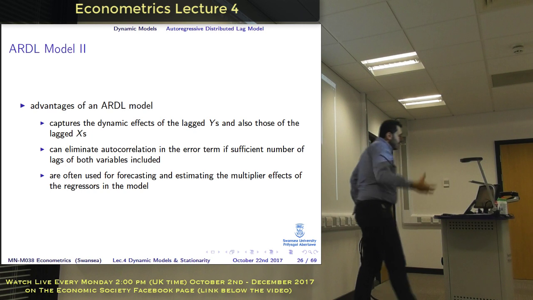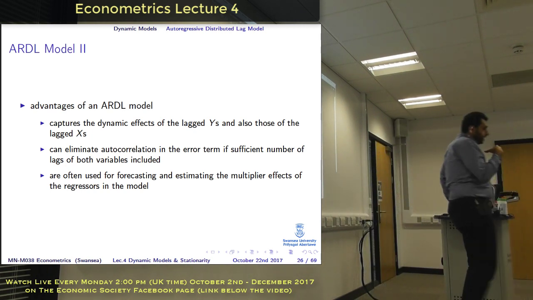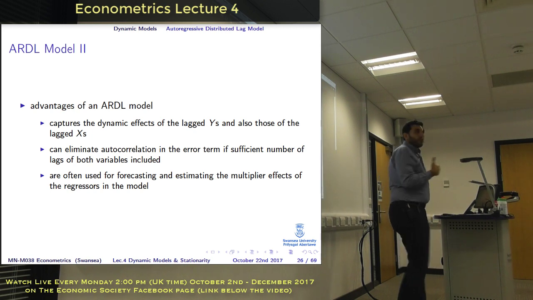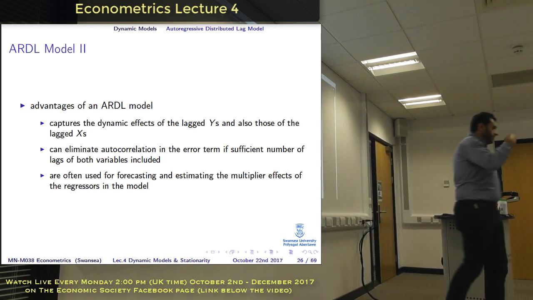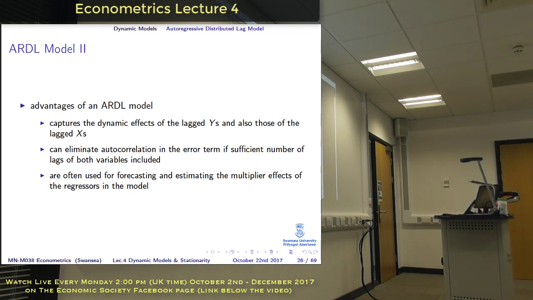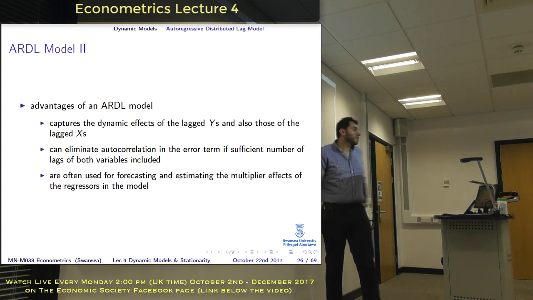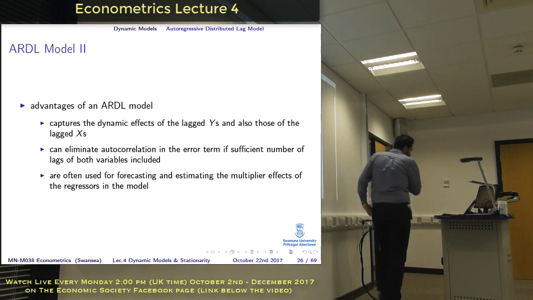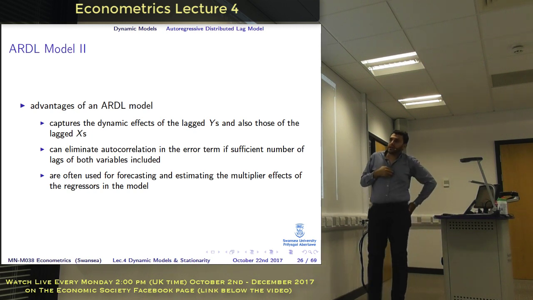So it's not only the impact on yt, on the consumption expenditure, that comes from the fact that income this time period and income in previous time periods also affect consumption expenditure. Consumption expenditure also will depend on its own values in the past. So it captures this sort of dynamic effect.